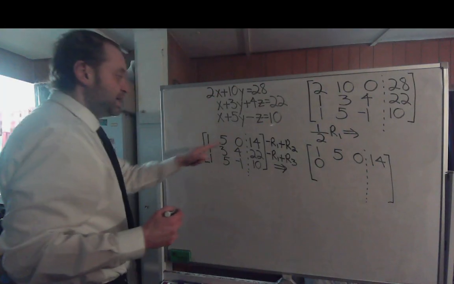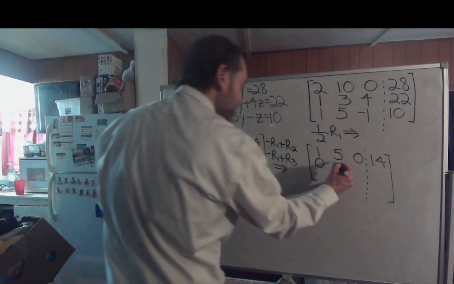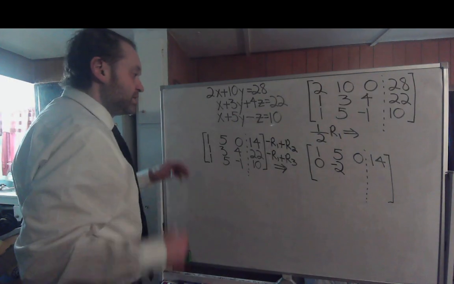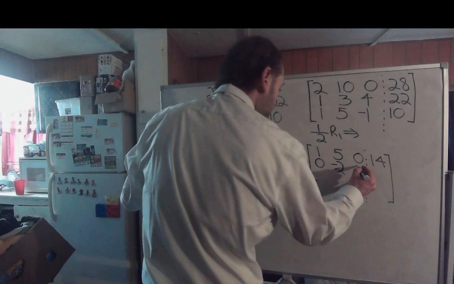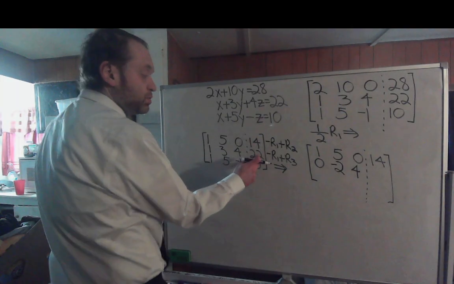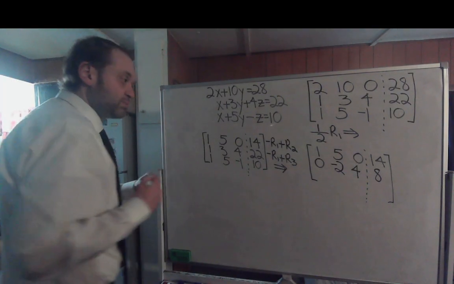If I take the negative of 5 and add that to 3, I get negative 2. If I take the negative of 0 and add that to 4, I get 4. If I take negative 14 and add that to 22, I get positive 8. So there's my new row 2.